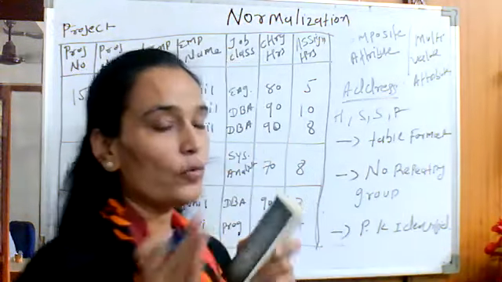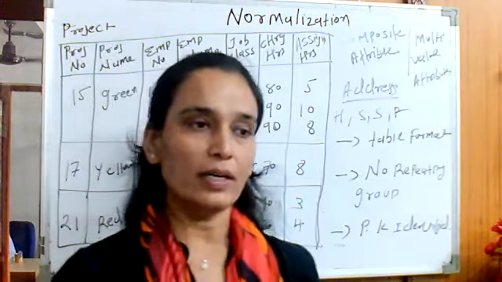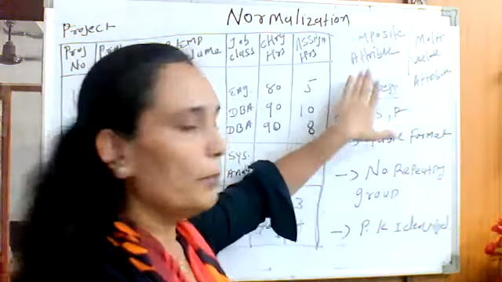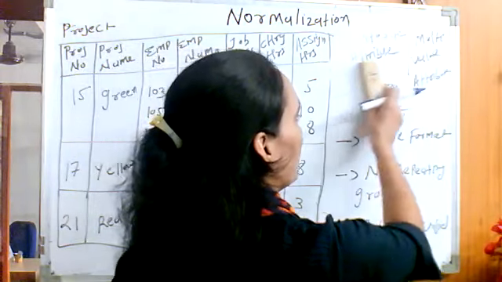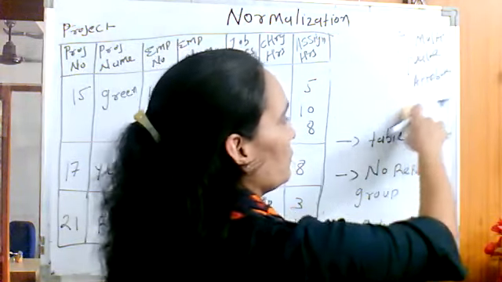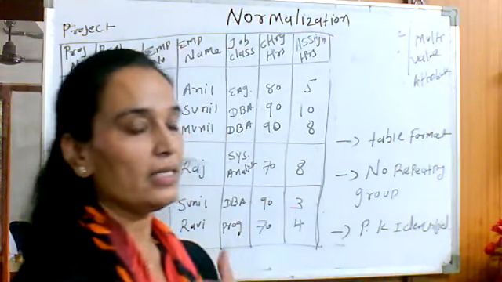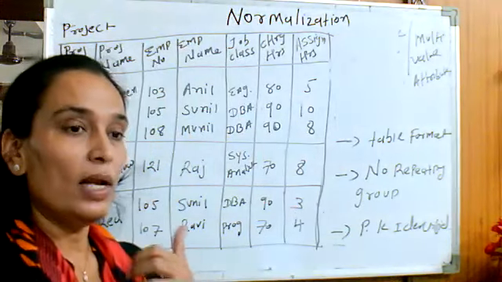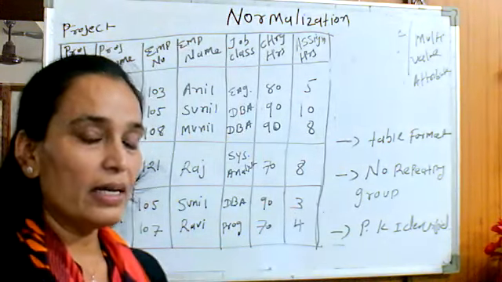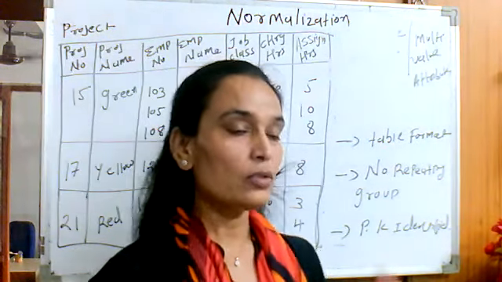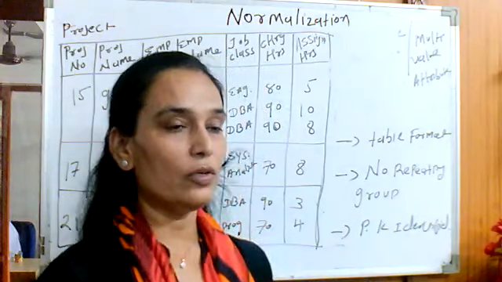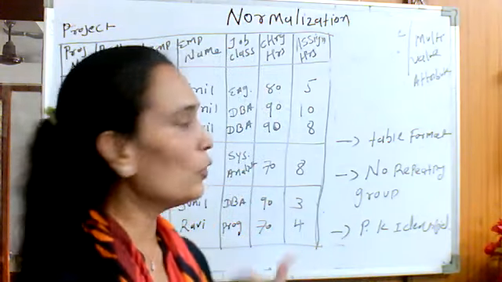Many pieces of information are included in one address. So it is called a composite attribute. What is a multi-value attribute? Multi-value attribute means, for example, my mobile number. Why? I have one or more than one mobile number. So there should not be any multi-value attribute in first normal form.